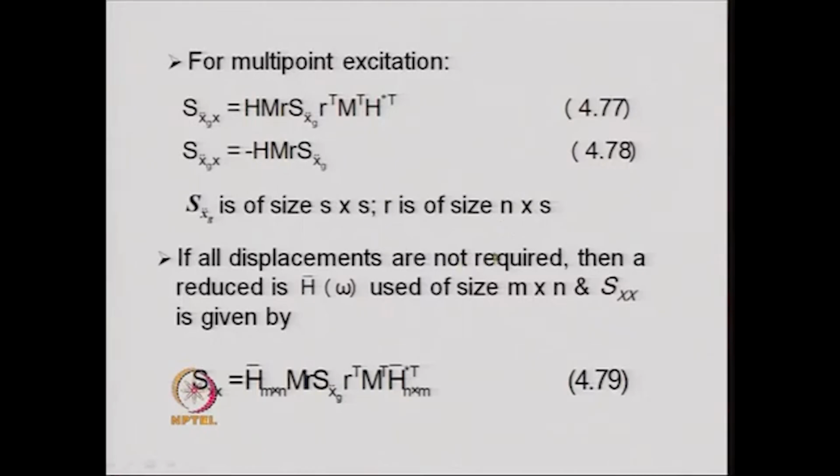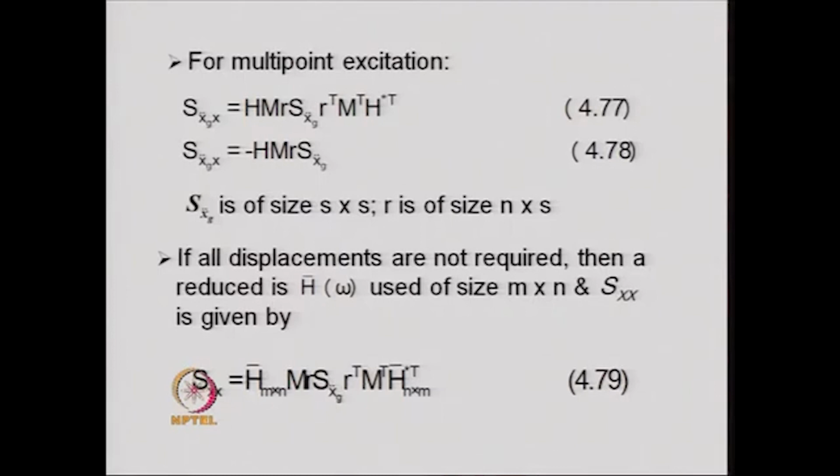Also, we discussed in the previous lecture that many a time we are not interested in obtaining all the responses, but we may be interested in only a selected few.